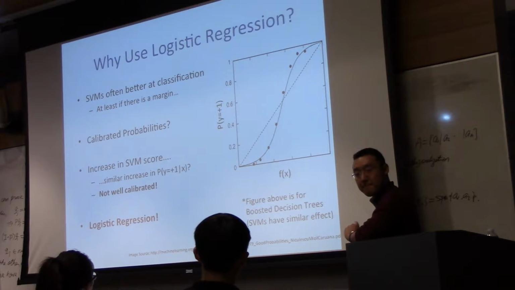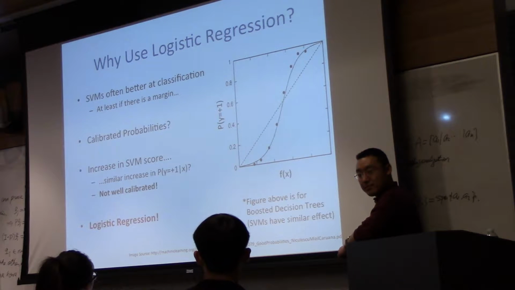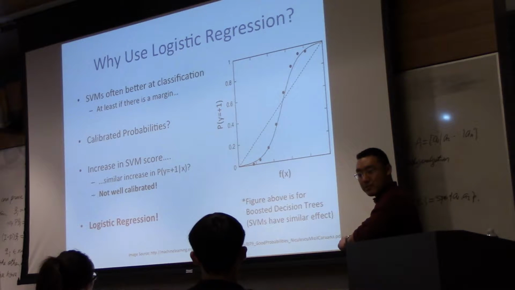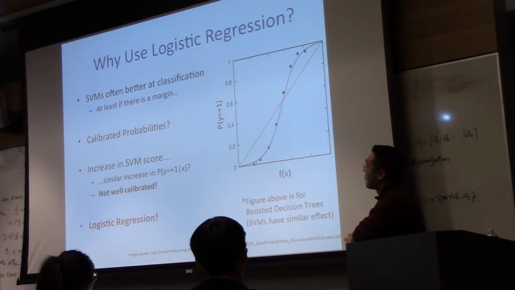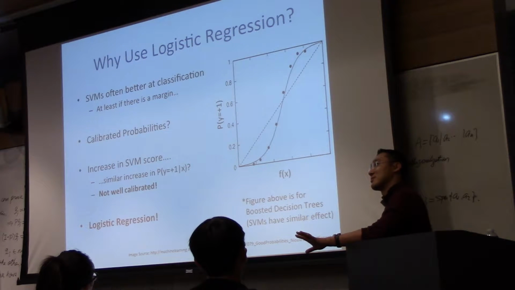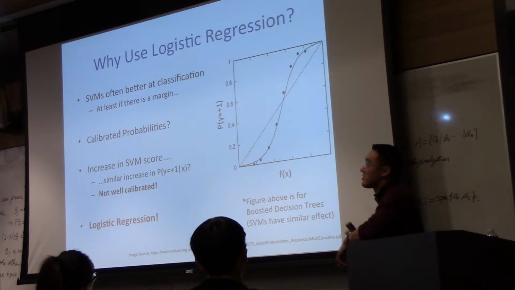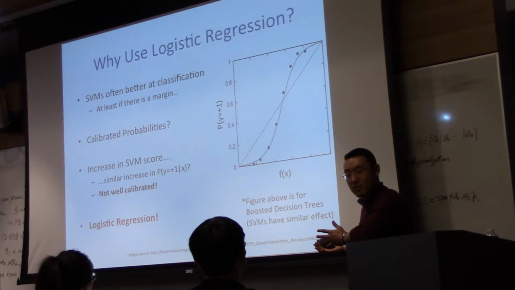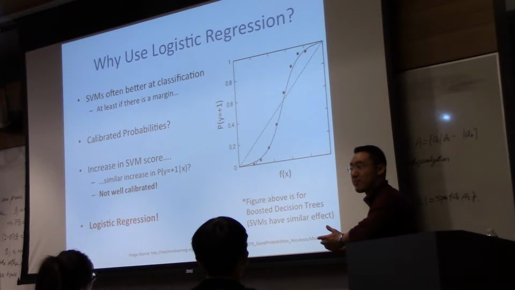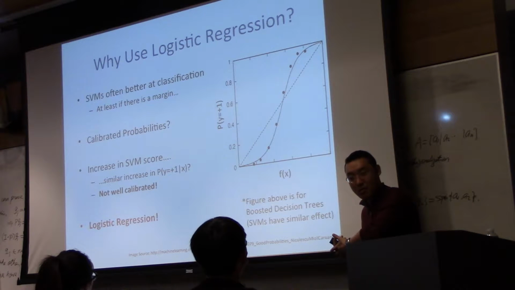What are the trade-offs of applying SVM and then logistic regression versus just logistic regression? That's a good question. One reason to do this is when the SVM just has much better accuracy than the logistic regression, but you still want to interpret the SVM's predictions as probabilities.